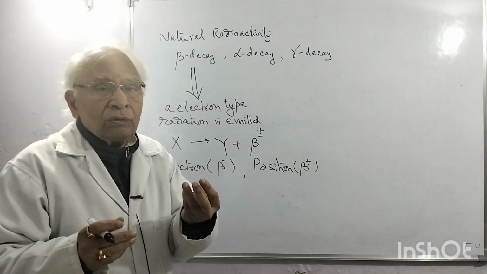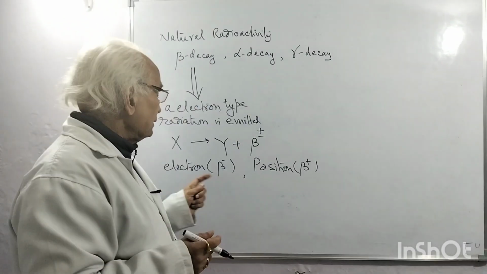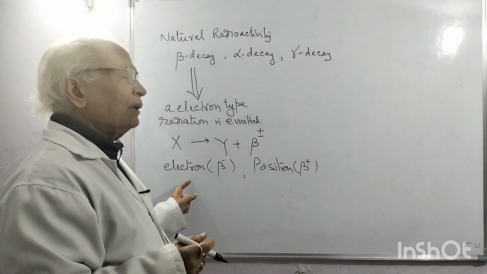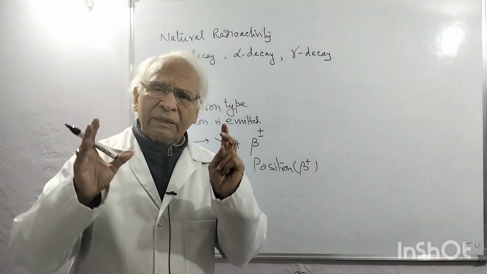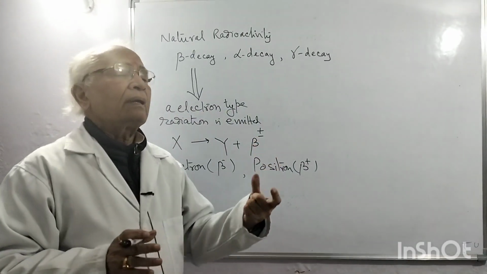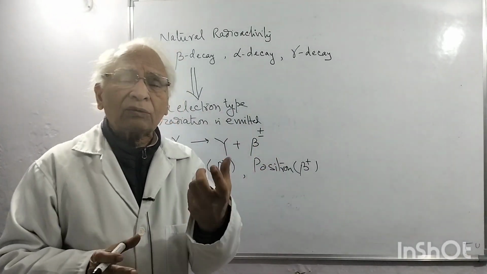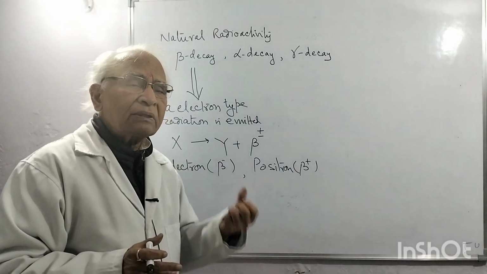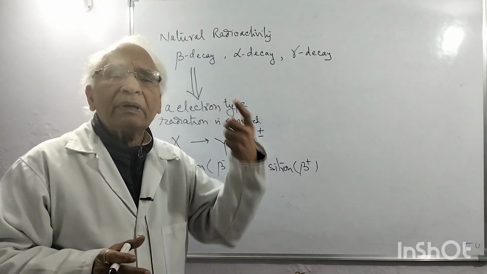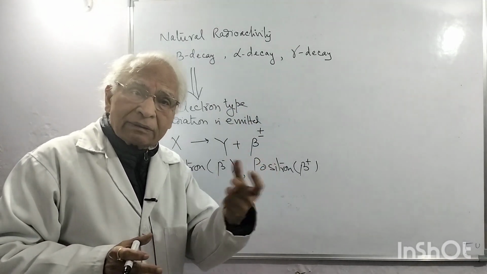You can say that it is not from the nucleus, it is coming from the electron, from the atom. Well, I have a strong argument against the natural emission of electron from atom, because electrons are bound in the atomic shell, revolving around the nucleus in particular radius. So they are in bound, stable orbits.